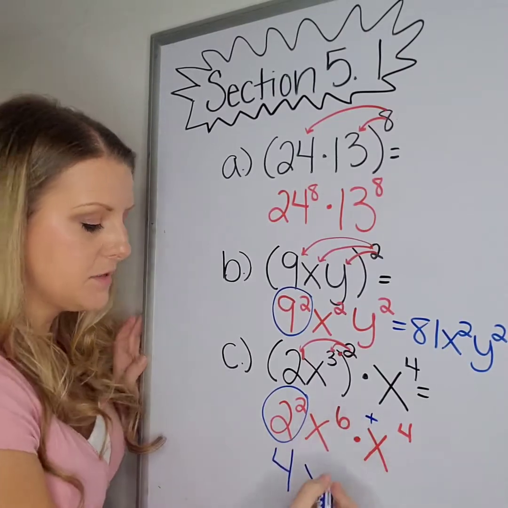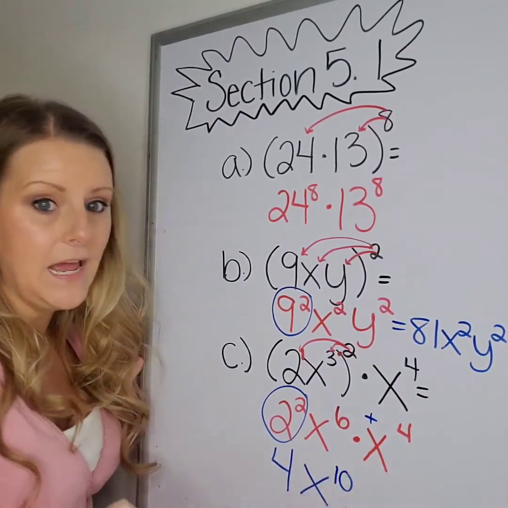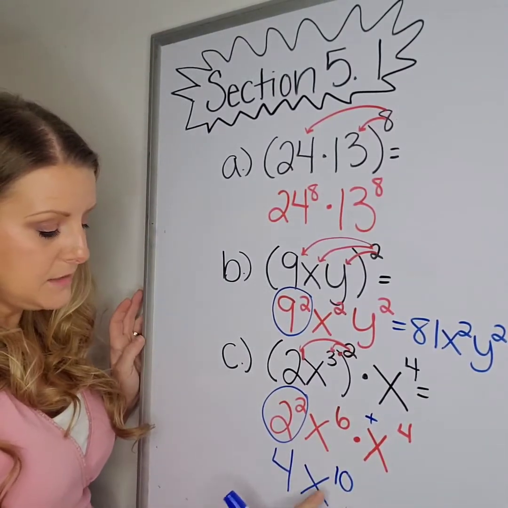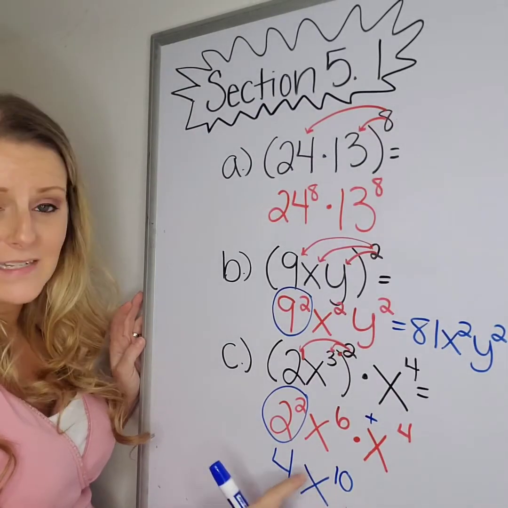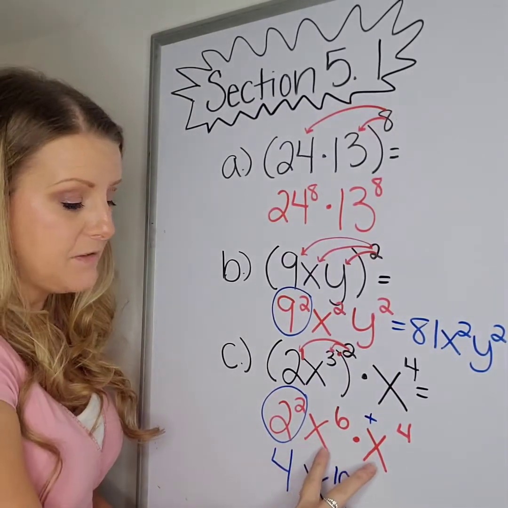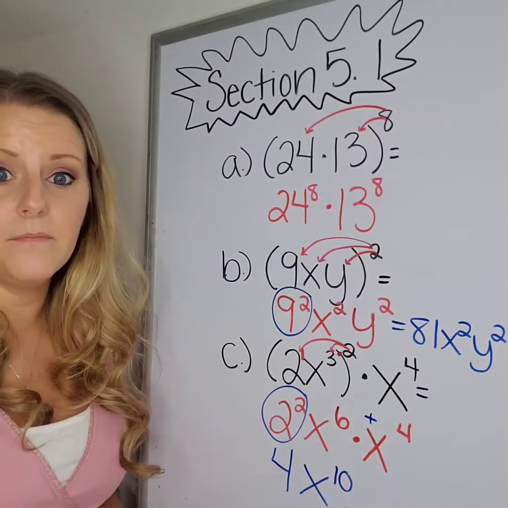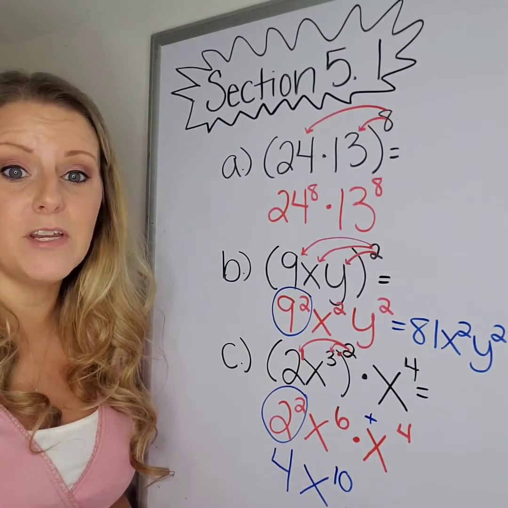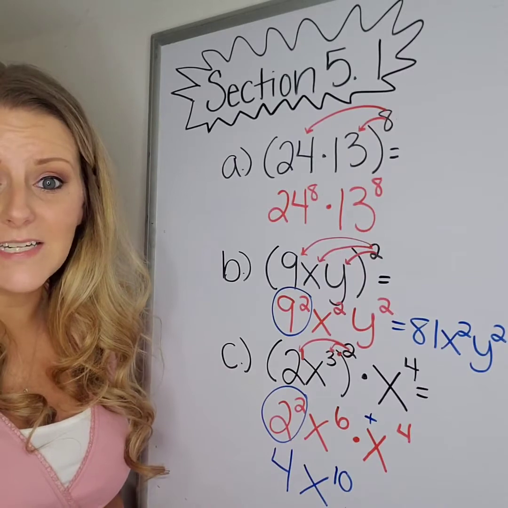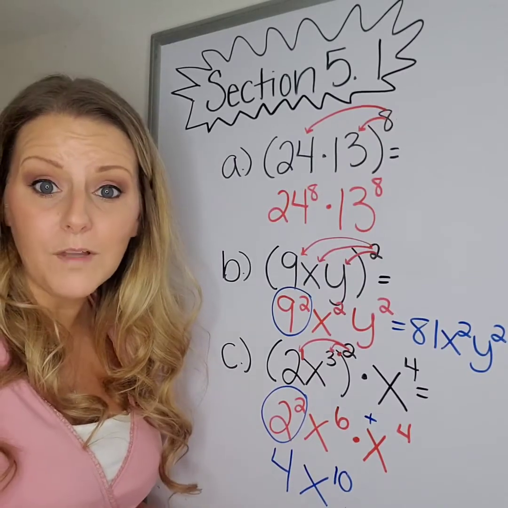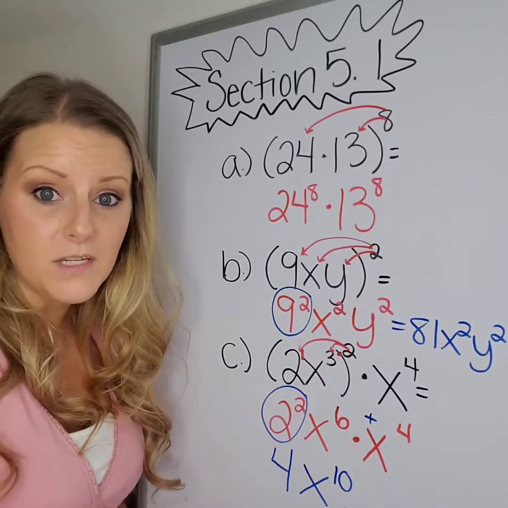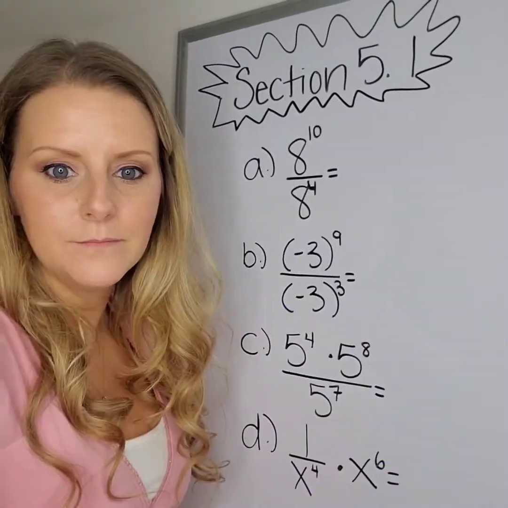So 6 plus 4 is 10. We can't add these because the 4 and the x are a different base. But these have the same base, so we can make them stay an x, and then we just add them. 6 plus 4 is 10. So hopefully that makes sense. And then I'll pause and we'll go on to the next section.